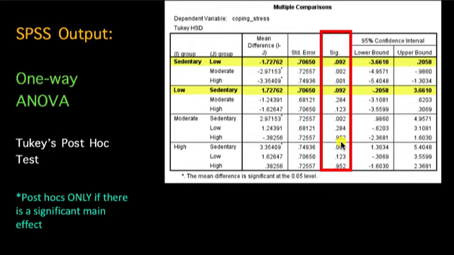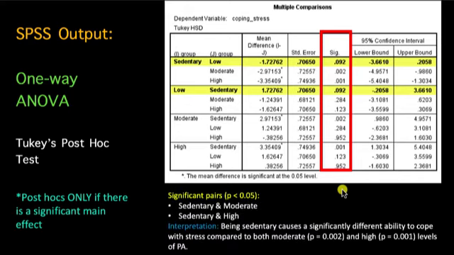I would say most of the time I will ask you what are the significant pairs, if any, right? So our significant pairs with p-values less than 0.05 in this case would be sedentary and moderate, right? And we can see that p-value 0.002 is repeated. Sedentary, moderate, moderate, sedentary, same thing.